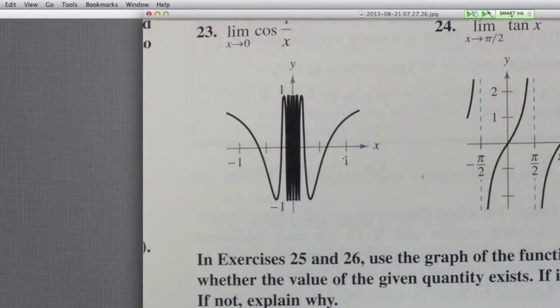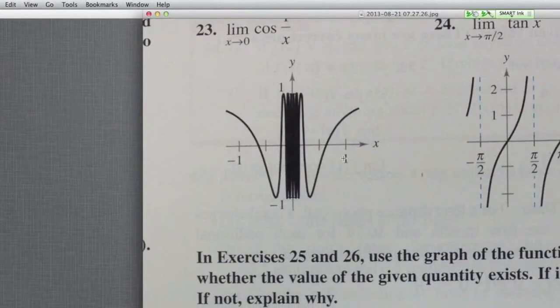23, limit as x approaches 0 of cosine of 1 over x. X is somewhere down there in the middle. What's my graph doing? It's solidly compacting itself around that.